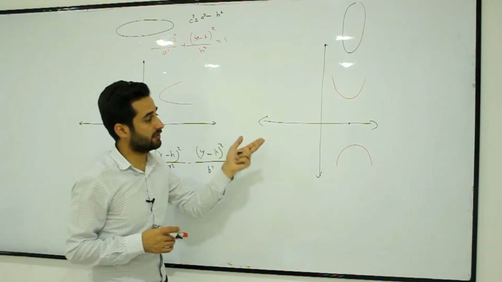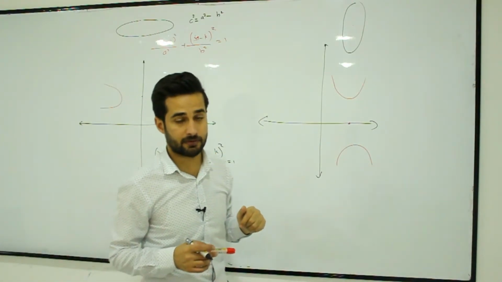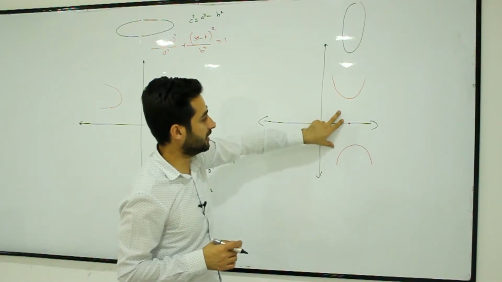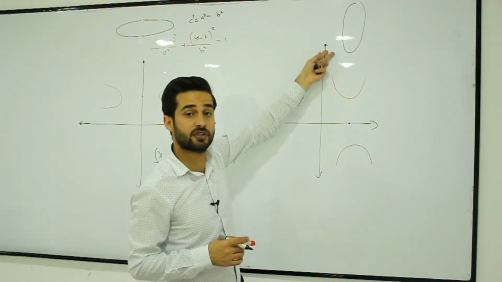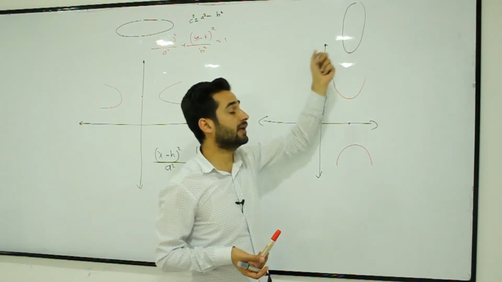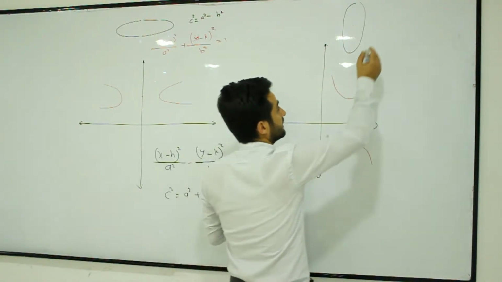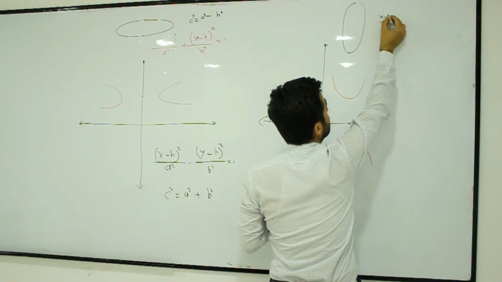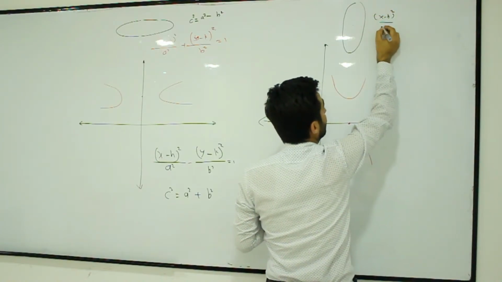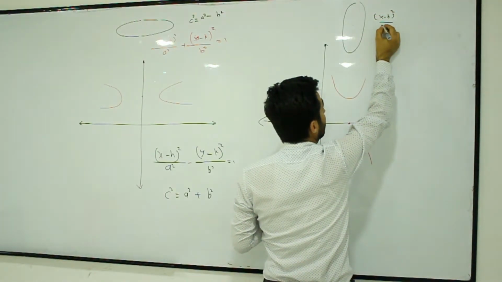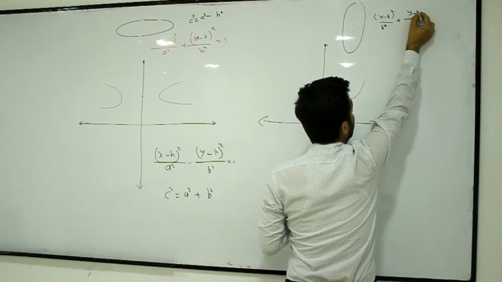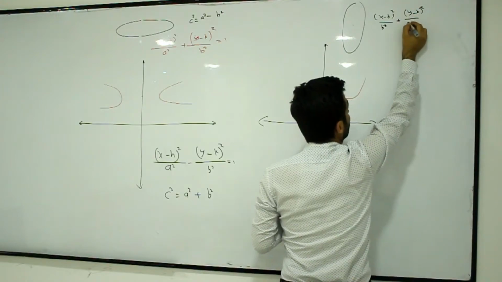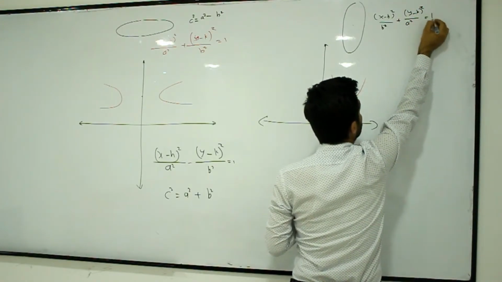Now let's go to the vertical hyperbola. We can study the vertical hyperbola by way of the vertical ellipse. The rule for this is x minus h squared over b squared, this time plus y minus k squared over a squared is equal to 1.